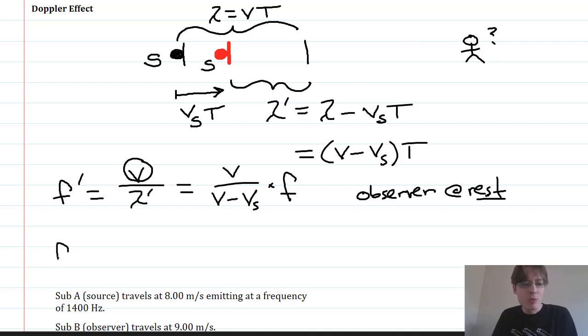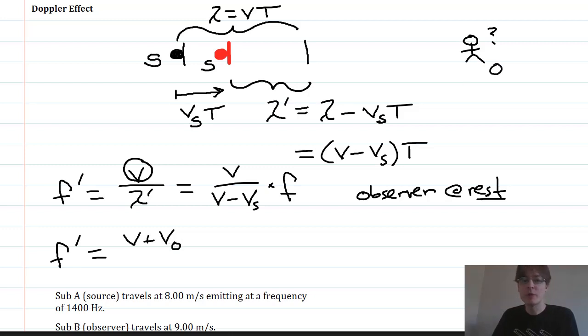So we can then have a more general equation that accounts for both the motion of the source and any possible motion of the observer. Like the star is moving, but the Earth is also in motion. So there's a sort of combined effect, a combined Doppler effect. So I would have to replace v with v plus v observer.